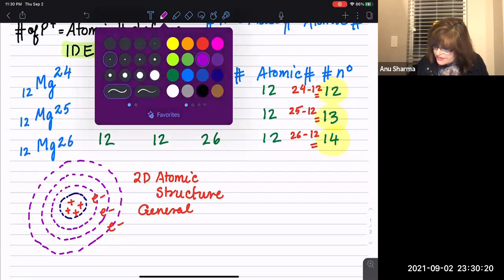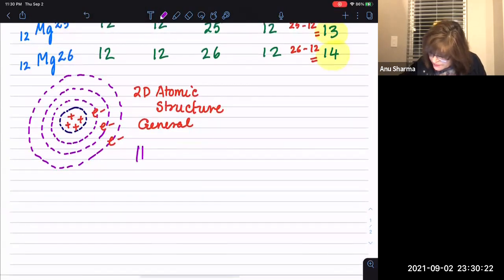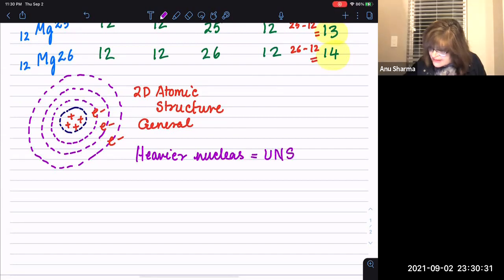So keep in mind that a heavier nucleus is unstable. Unstable means it's decaying, it's going through some process of disintegration.